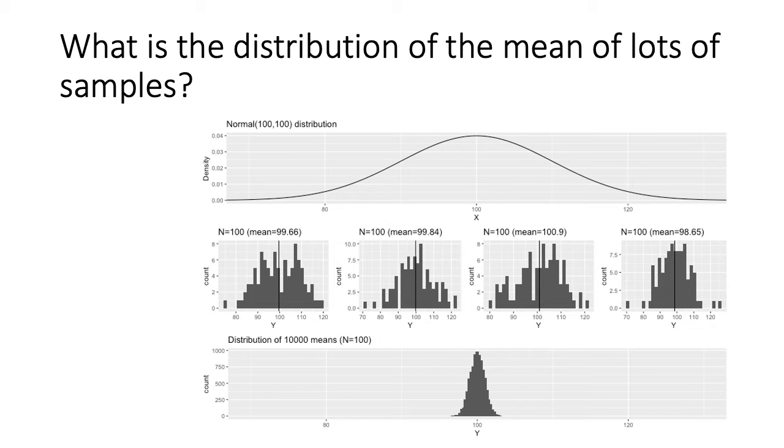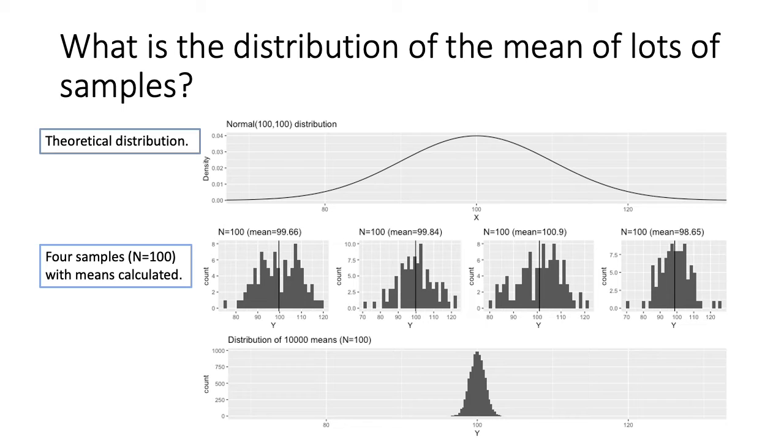Here we're considering the question of what is the distribution of the mean of lots of samples. We start with a theoretical distribution. Again, we've got a normal distribution with mean 100 and standard deviation 10, i.e. variance 100. In this next row, we see 4 samples, each of size 100, with the means calculated.